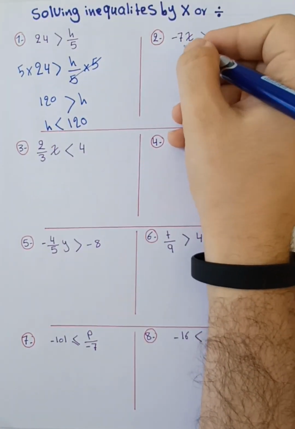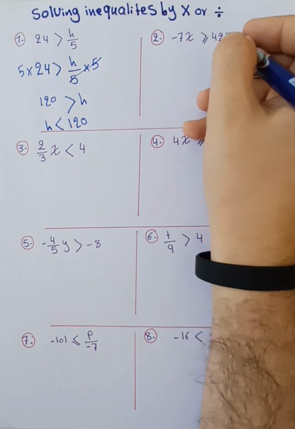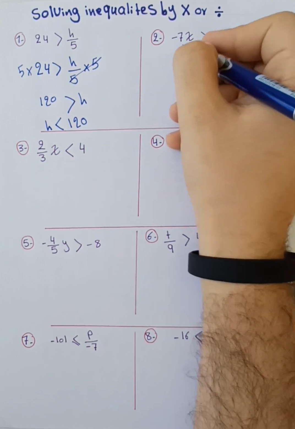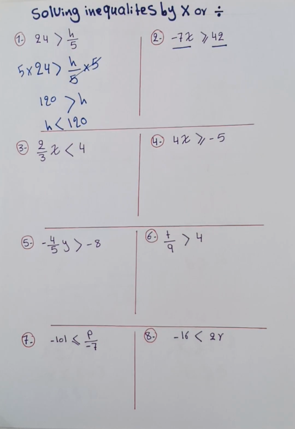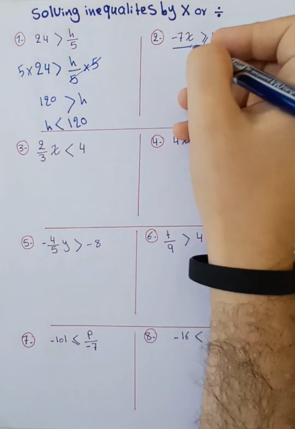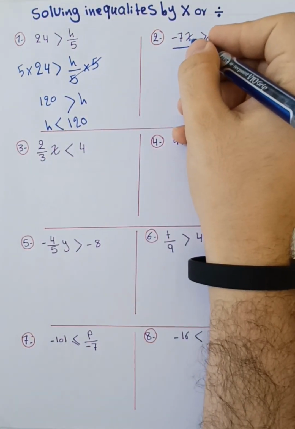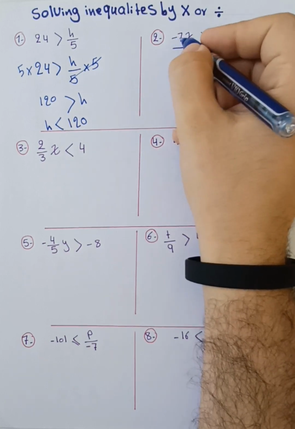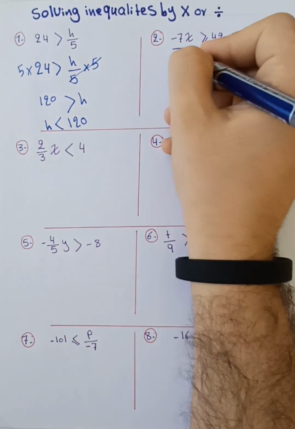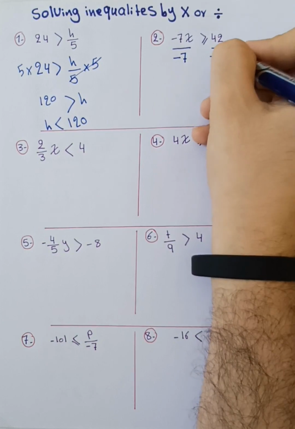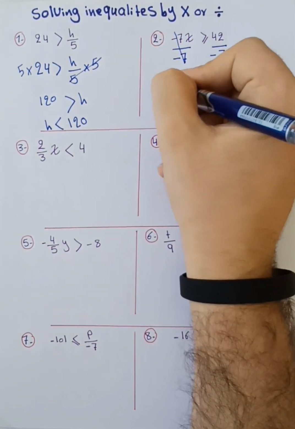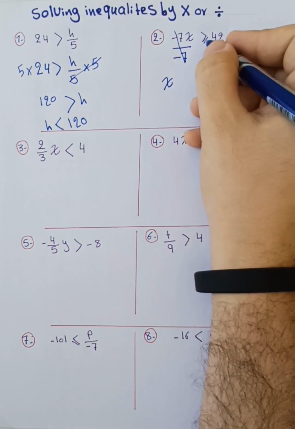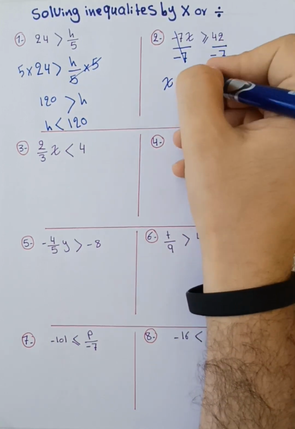So we have multiplication, we have to divide both sides by the number that's with the variable. The number that is with the variable is negative 7. So you have to divide both sides by negative 7. These two terms are reduced, x stays, and then we have to change this sign.